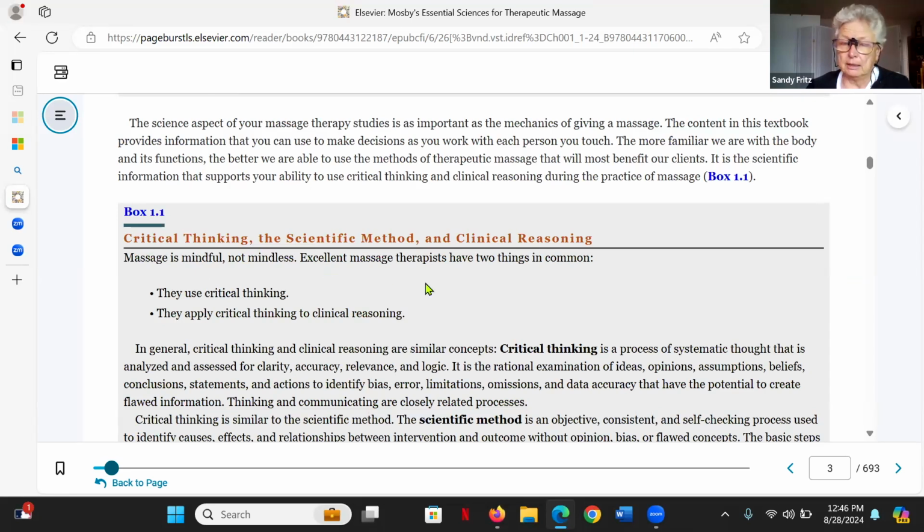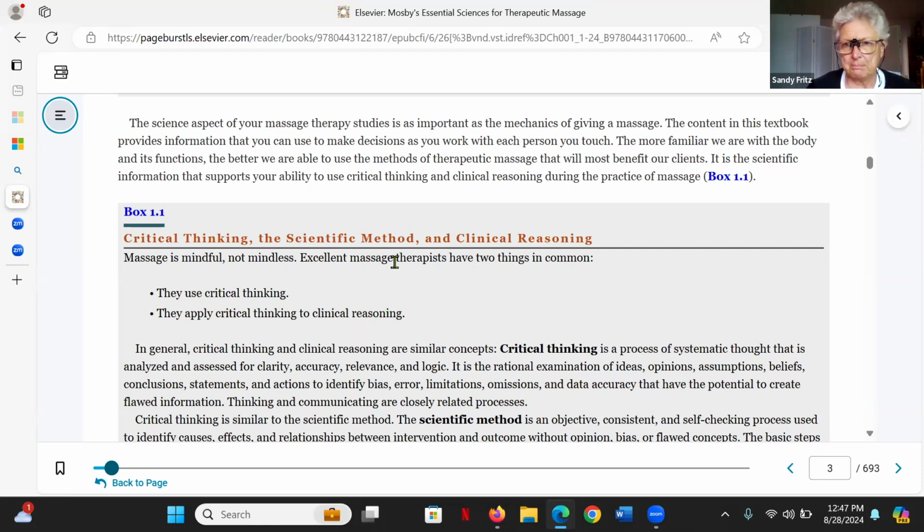At the very beginning, the very first box in the textbook is what is critical thinking, the scientific method, and clinical reasoning. So critical thinking is an overarching process of looking at multiple factors, collecting data, and making an effort to sort through information to make a valid decision.